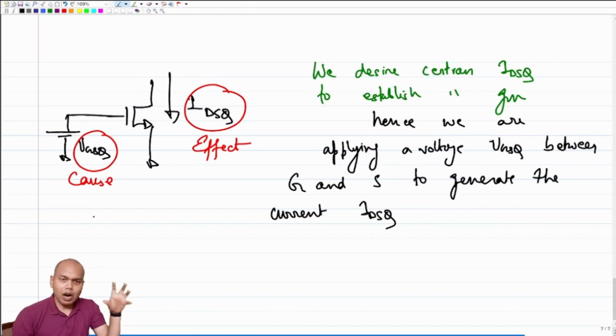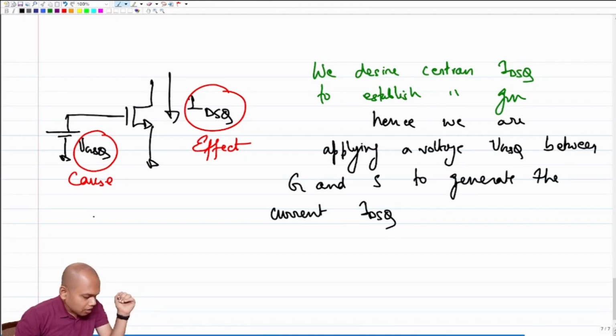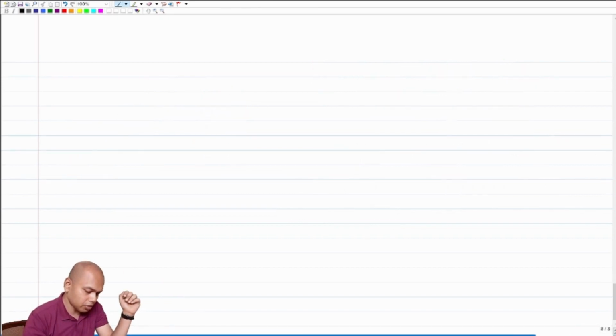We want IDSQ, that's why we are tweaking VGSQ. If we didn't want it, then we didn't have to tweak it at all. So now let me tell you, what if I give you a current source? How we make a current source is a different question. But let's assume I give you a current source. We have been using voltage sources until now, but let's assume I give you a current source.